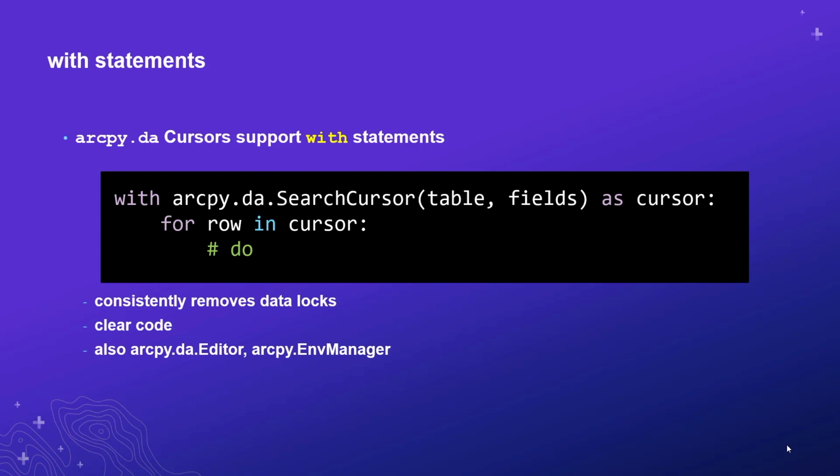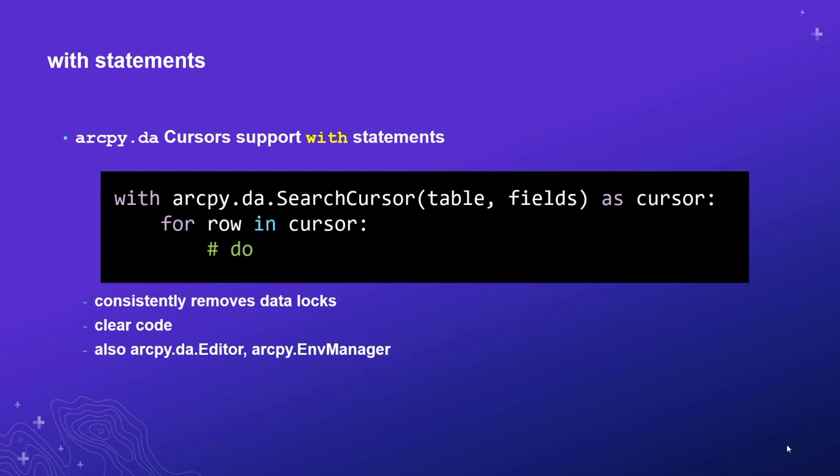The with statement is known as a context manager in Python. This is a way that objects can implement additional logic that runs when they're created and also destroyed. This works really nicely with cursors, since part of the processing they do always establishes locks on the data. And the context managers that are written into these cursors always ensure that upon destruction, the data locks are released.